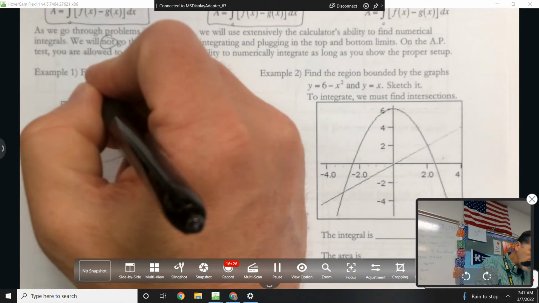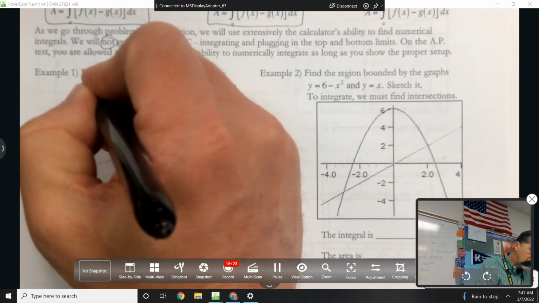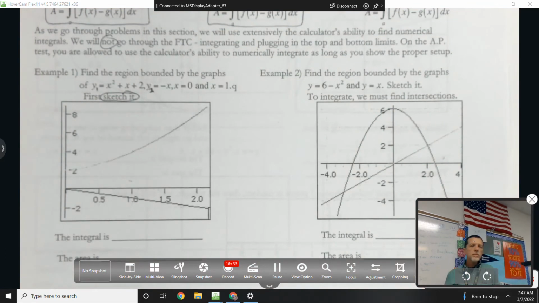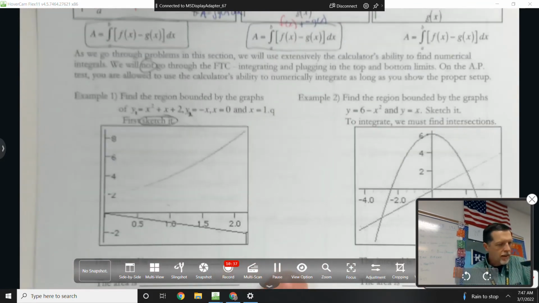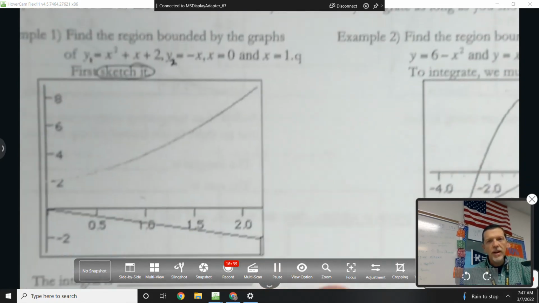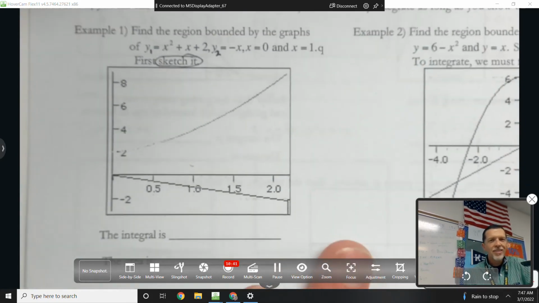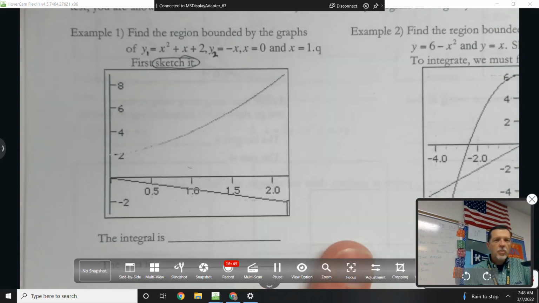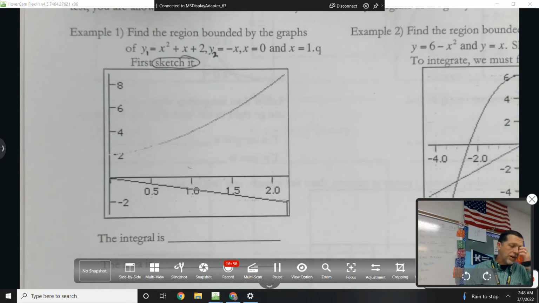So in order to put these in the calculator, I'm going to call these y1 and y2. Zoom in a little bit, might help. Okay, I'm writing really small. And I need to figure out which one's top, because I need to do top minus bottom.